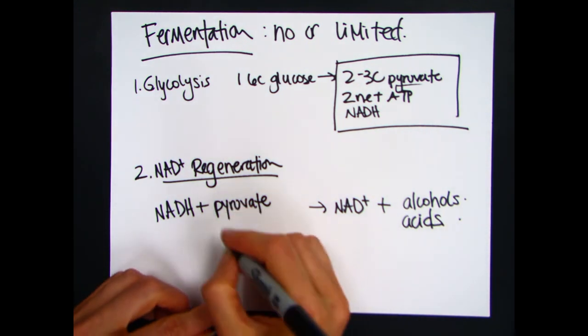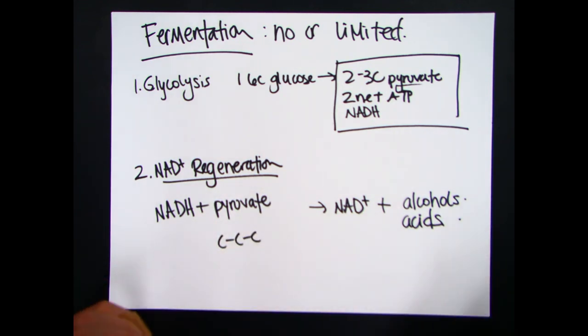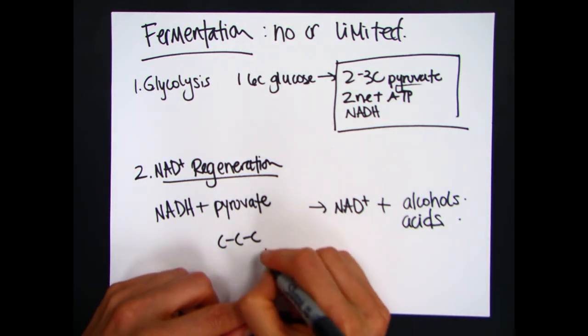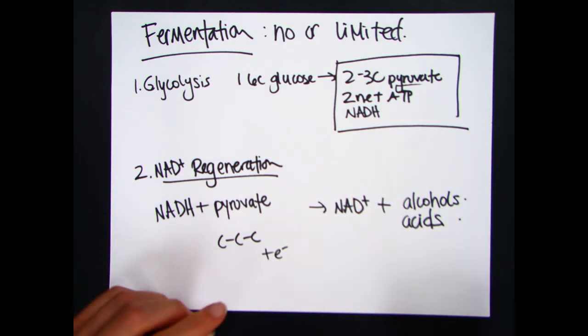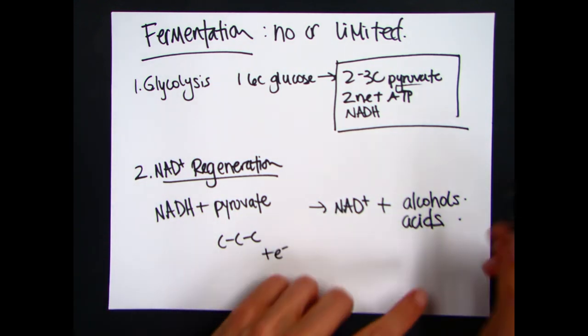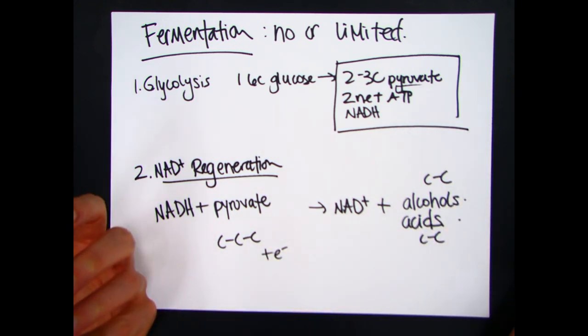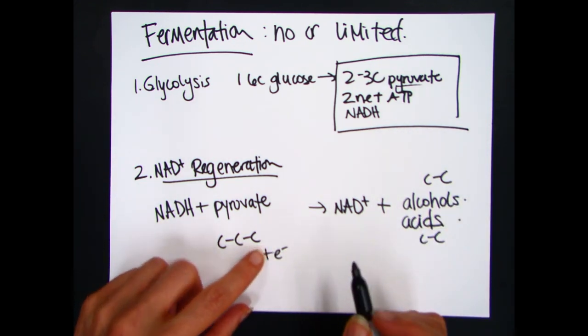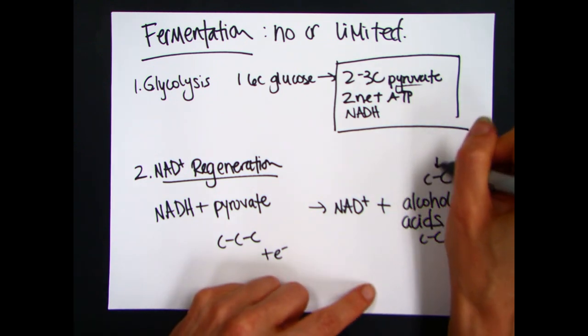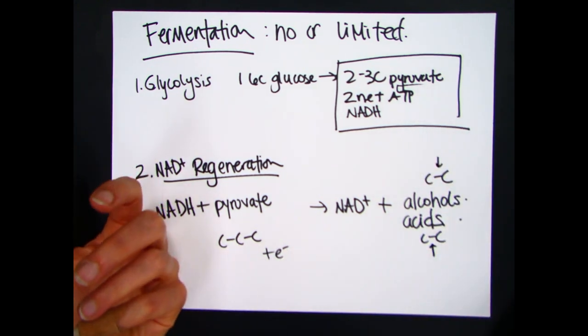Okay, so the pyruvate is 3 carbons, right? If we add some electrons, then we're going to do some rearranging. The alcohol might end up to be 2 carbons, acetic acid is 2 carbons, so we've actually lost a carbon, but the important thing is that we are not totally down to CO2.